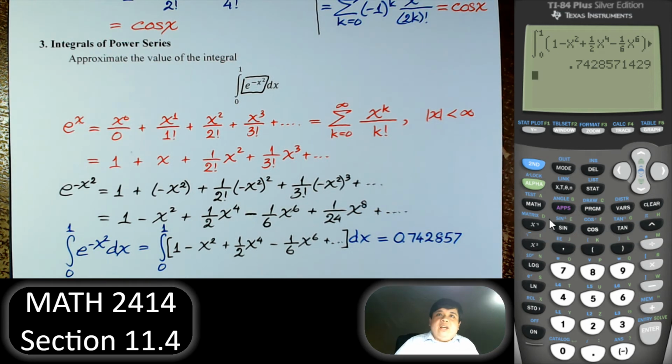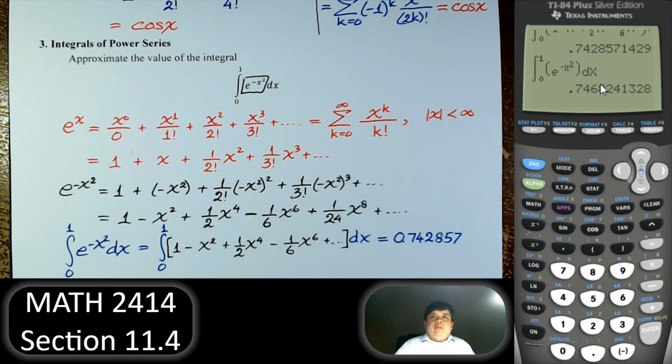Just out of curiosity though, how good is the actual? By the way, when I say actual, it's still an approximation, but here I enter the function directly. So the first two decimal places are correct.